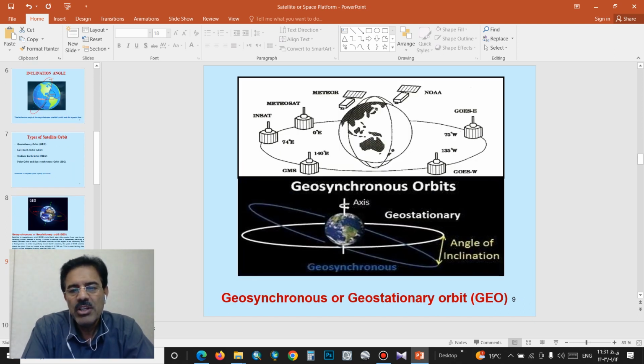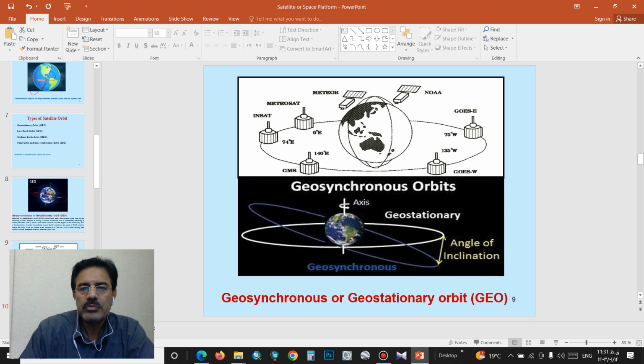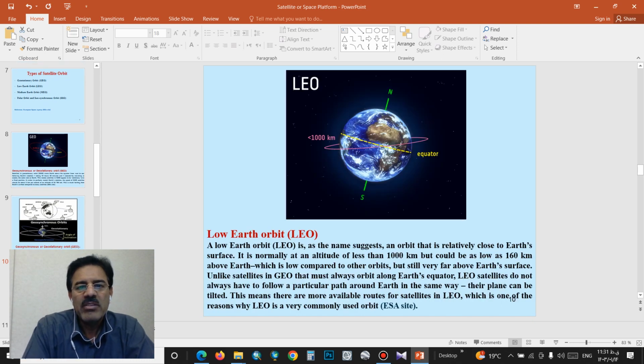Geostationary or geosynchronous orbit, GEO. But LEO, or low Earth orbit. A low Earth orbit, or LEO, is, as the name suggests, an orbit that is relatively close to the Earth's surface.